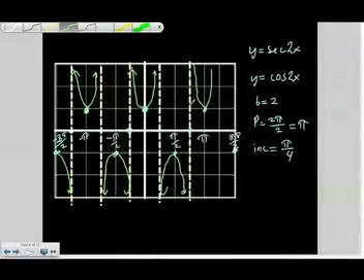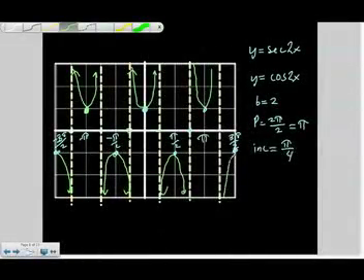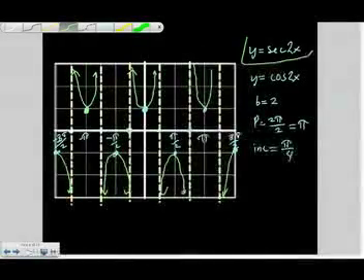Looks like I forgot an asymptote. And that is it for y equals secant 2x.